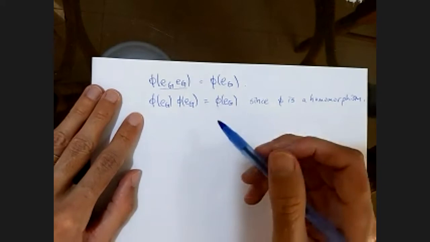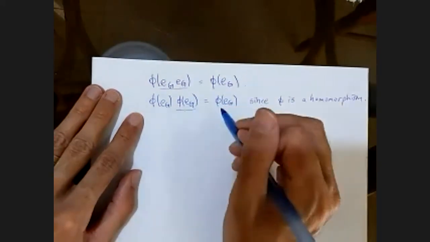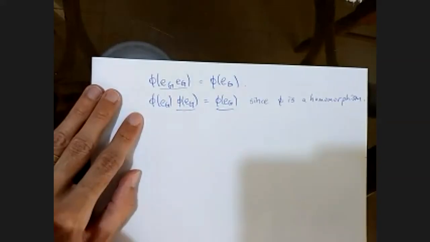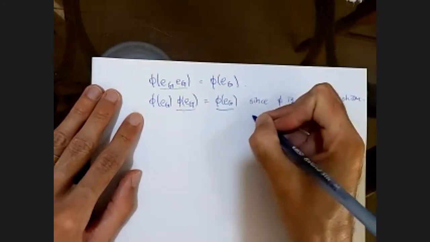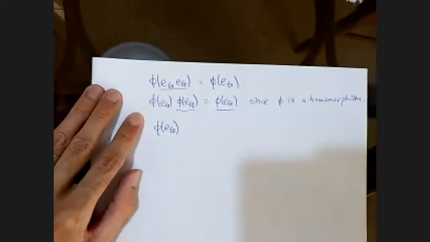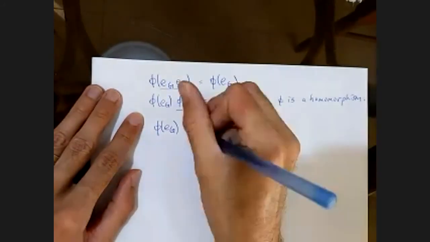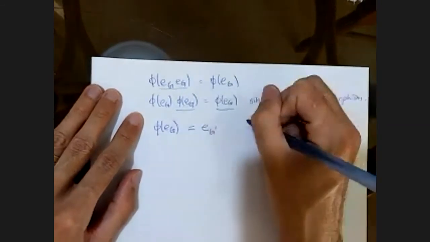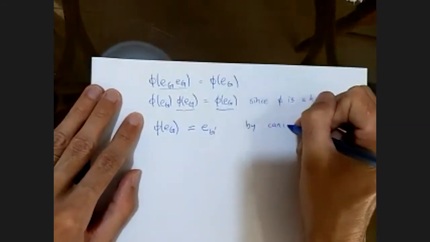However you want to do it, we can cancel this phi(e_G) on the right. So let's cancel it. We see that phi(e_G) equals the identity of G prime by cancellation.